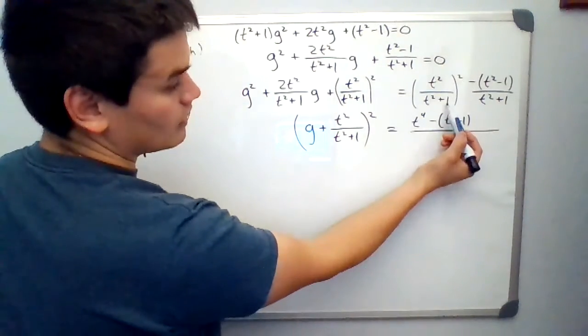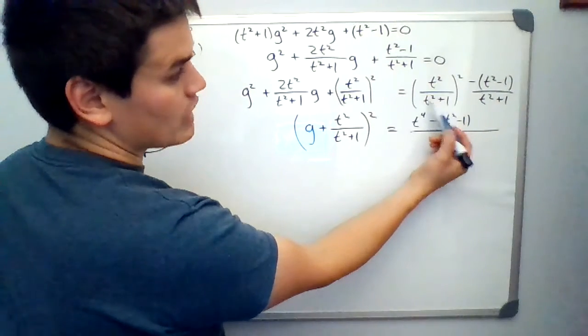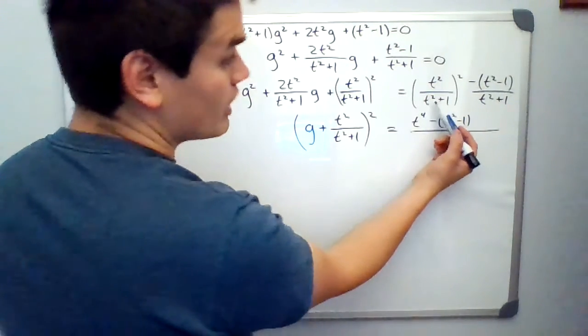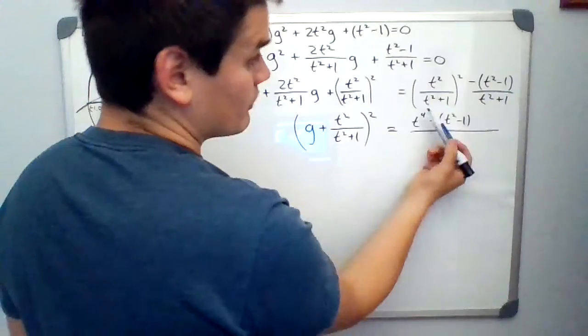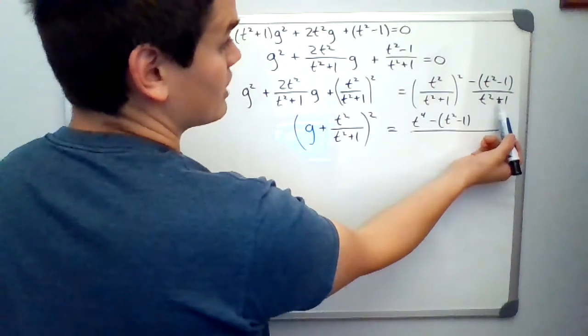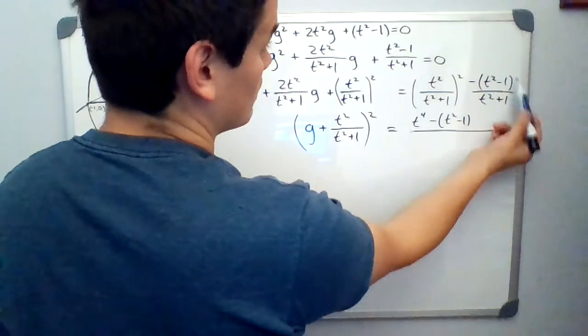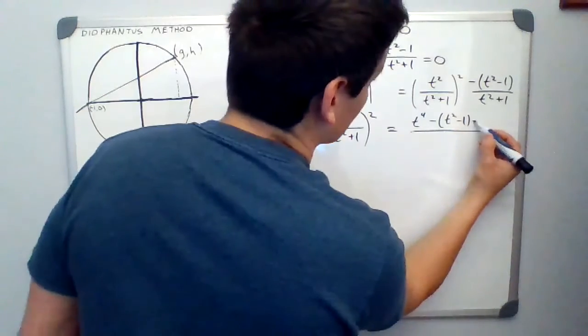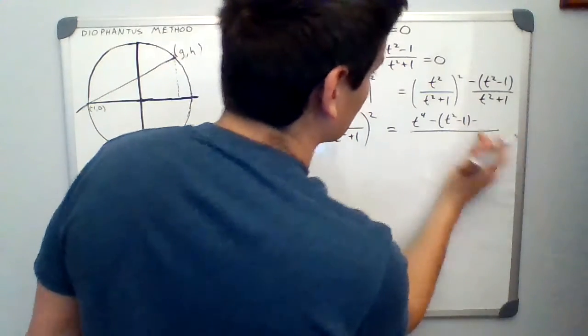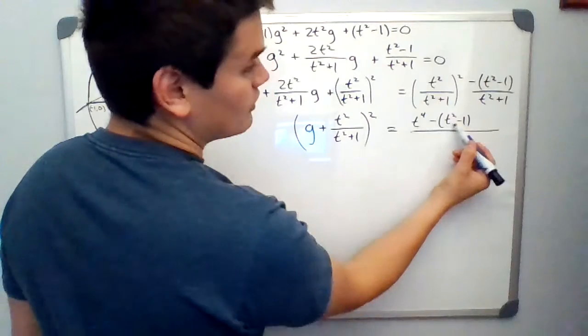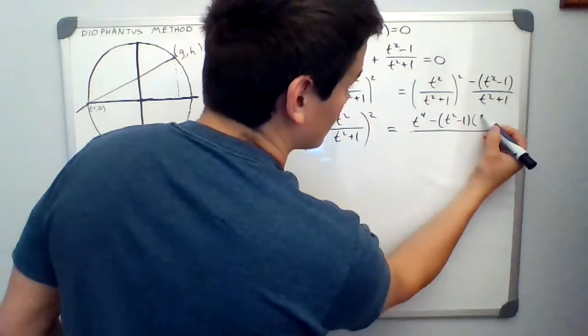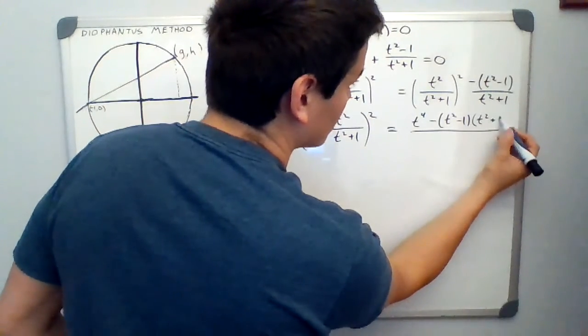That squared is going to square the denominator here as well. So in order to combine these fractions, I need to multiply that by another t squared plus 1, both the top and the bottom of that. So that ends up being minus t squared minus 1 times t squared plus 1.